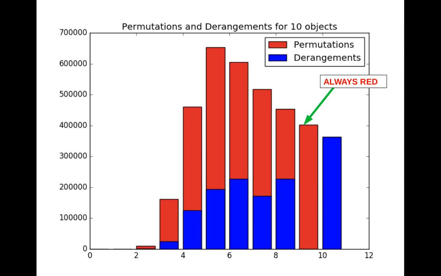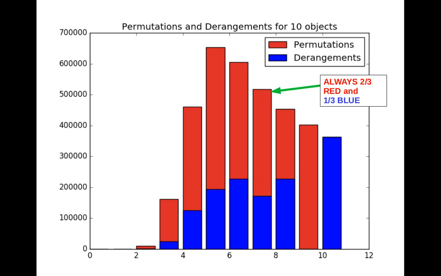The penultimate bar will always be strictly red, because if you, for example, have 10 objects and you have a cycle of 9 in there, then the last item has to be paired with itself. This bar, except for the n equals 4 case, will always be half red and half blue, and that makes sense too, because if you're pairing off n minus 2 items, the other 2 items have a 50-50 shot of either being paired or split.